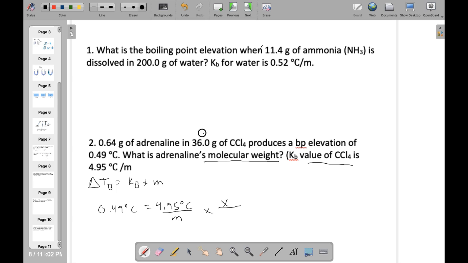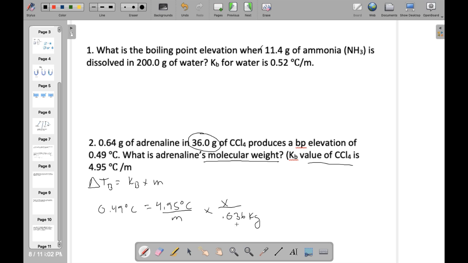As it turns out, I have 36 grams. So yet again, I'm going to have to convert 36 grams to kilograms, and I will move this decimal 3 places. 1, 2, 3. So it's 0.036 kilograms.